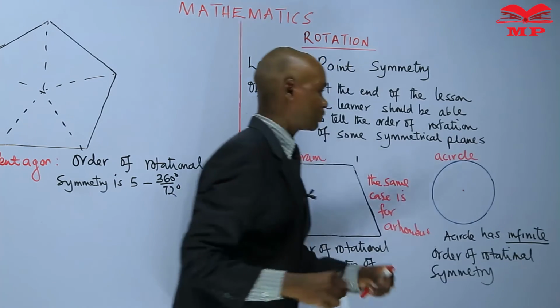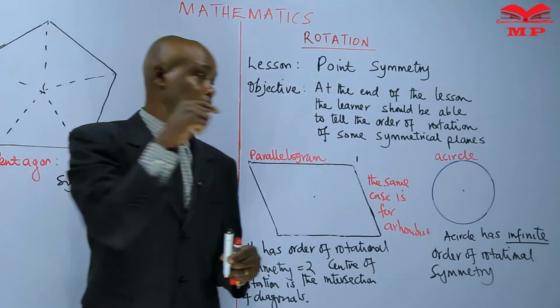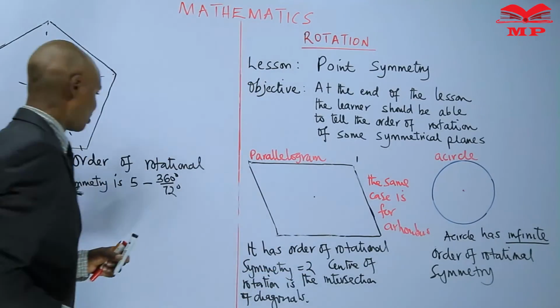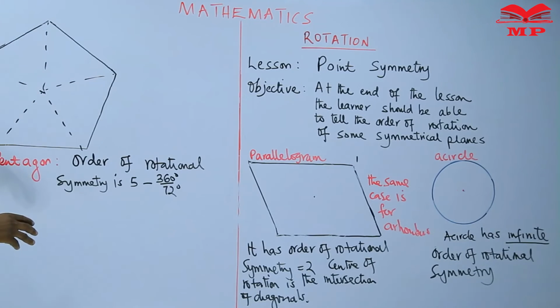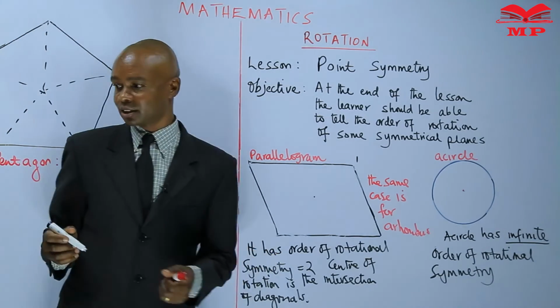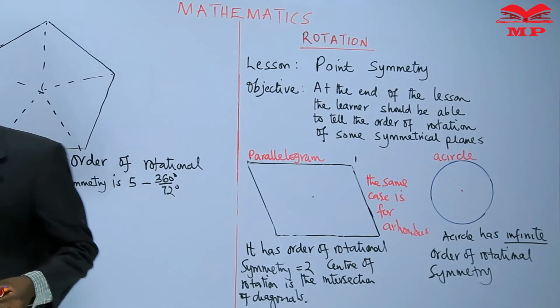It means it is uncountable. Wherever you turn it, it will still fall on the same circle. It's not like a parallelogram or a pentagon or a hexagon. It is infinite. We still have another friend of ours called the square.